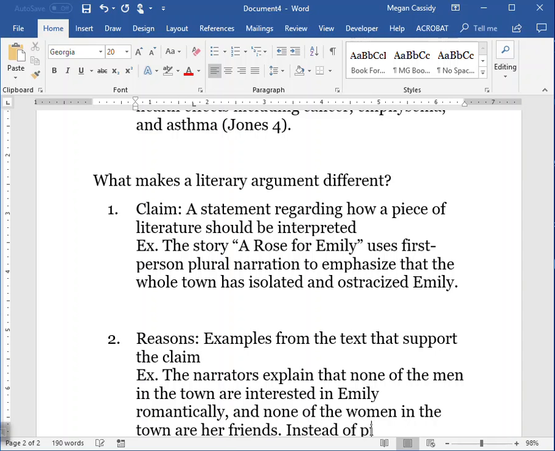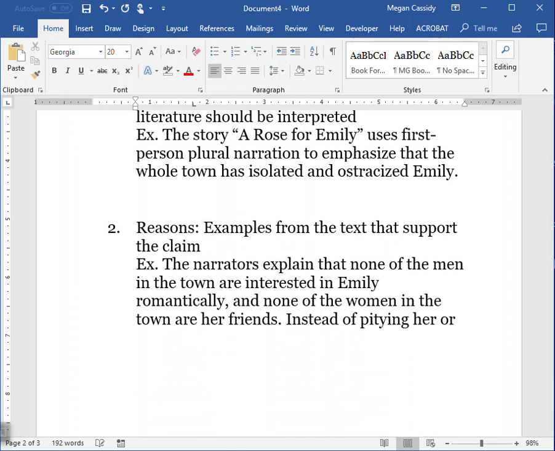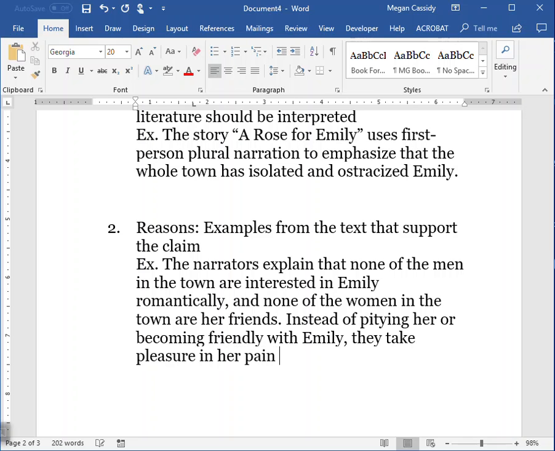Instead of pitying her, or I'll move down here so you guys can see this better, instead of pitying her or becoming friendly with her, they take pleasure in her pain and enjoy the fact that she never marries.